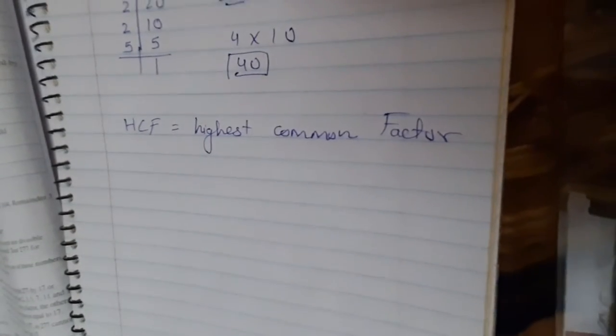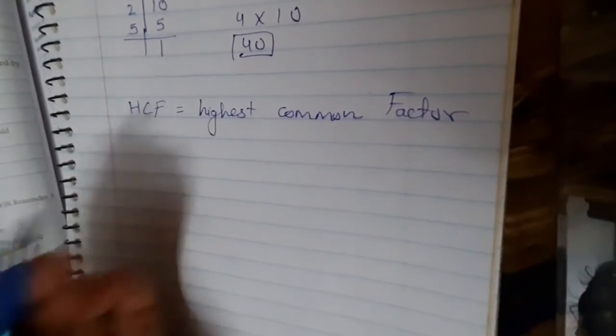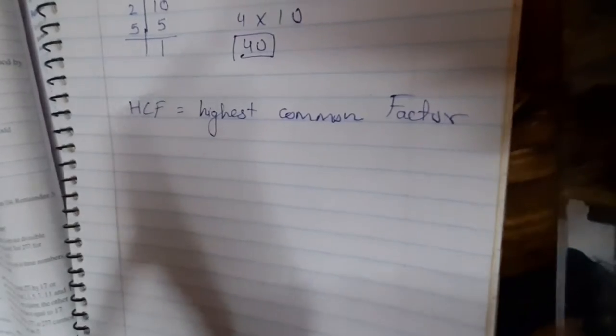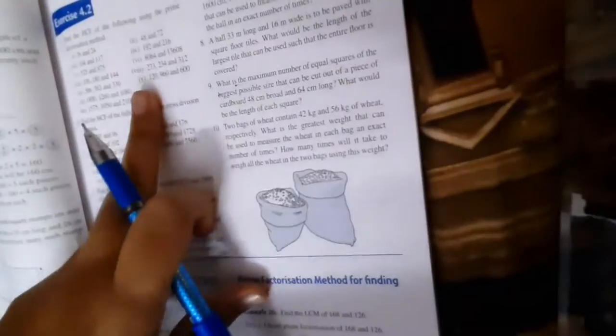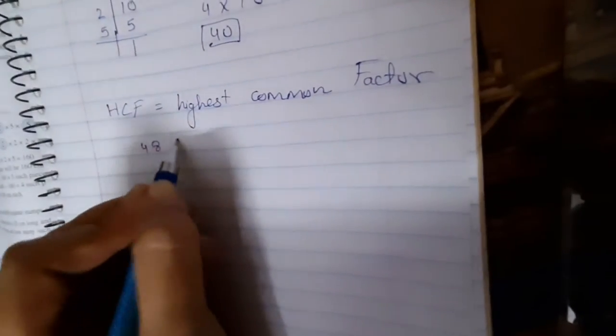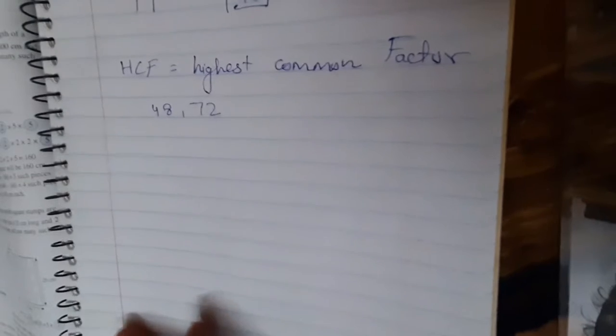Detailed videos are already there. So for HCF, let us take one example from the book. Here it is. Find HCF. We will take any one sum randomly, 48 and 72. We have to find the HCF of 48 and 72.